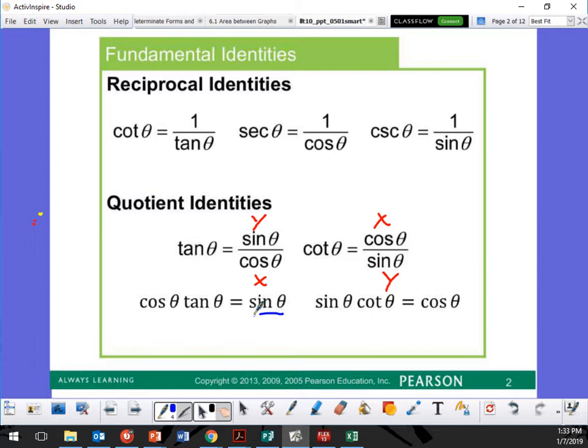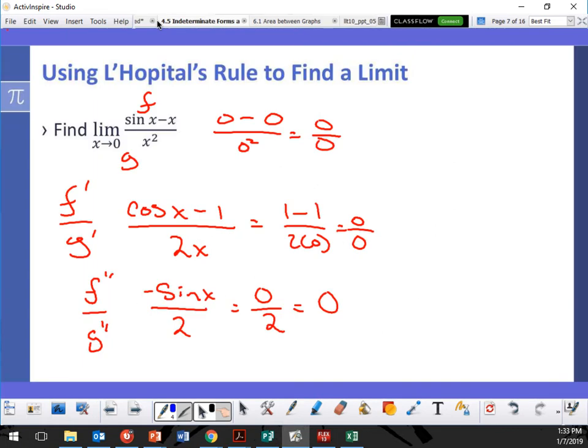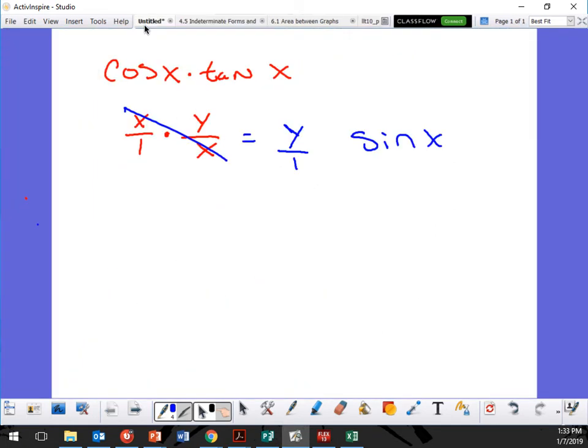Okay, so sine times cotangent. Let's translate it. Sine is Y over 1. My R is going to be 1 for all my identities.